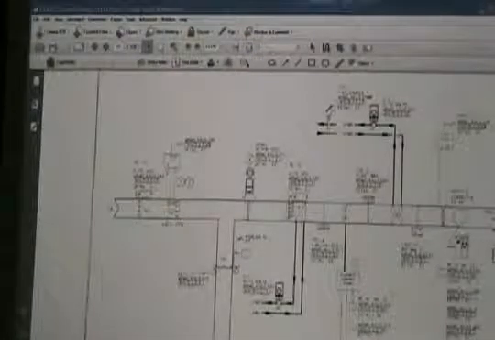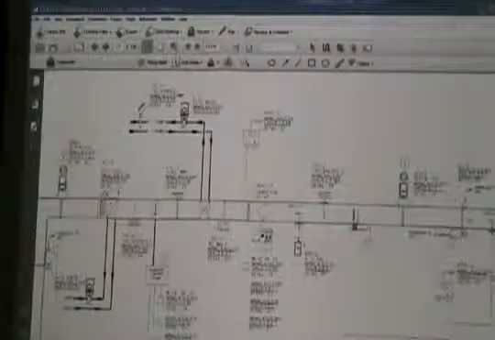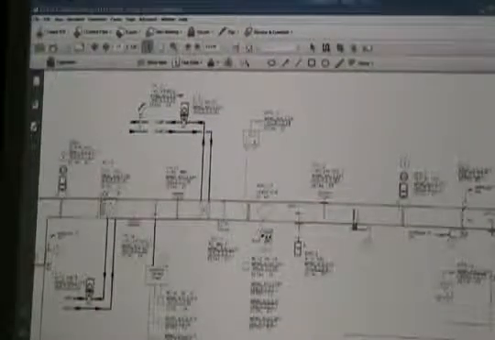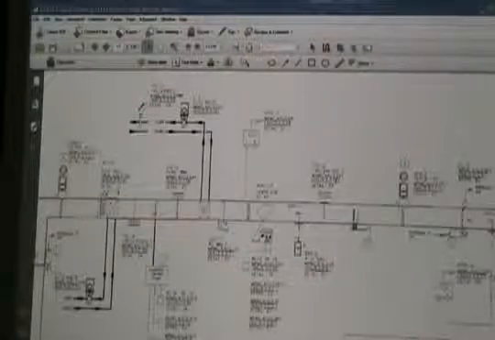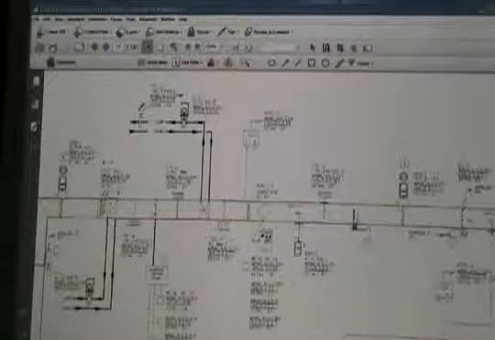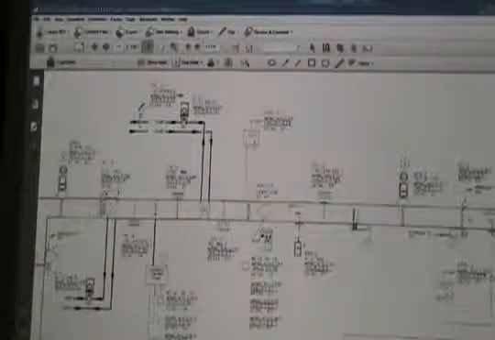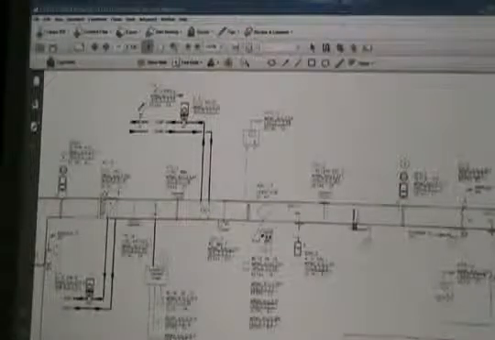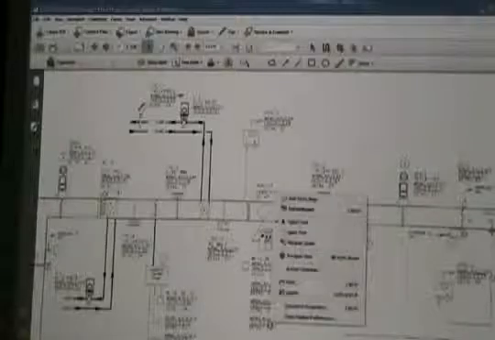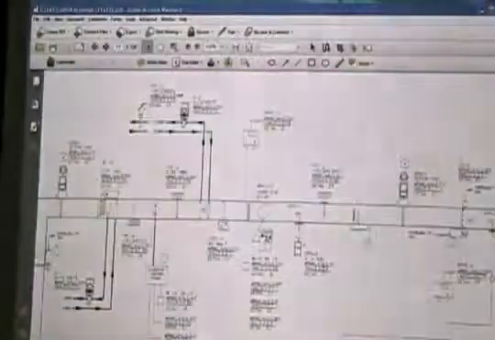Low temperature detector, protection device, variable frequency drive, the alarm, the proof, its status, it tells us it's on. Drive fault, and speed control. So there's where we're actually telling it to drive a particular speed.